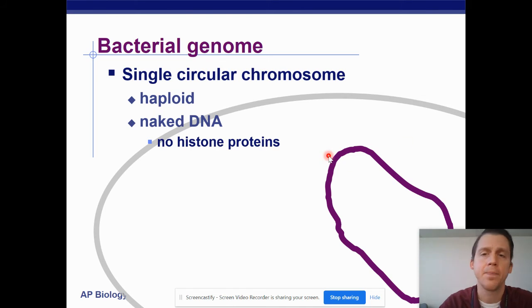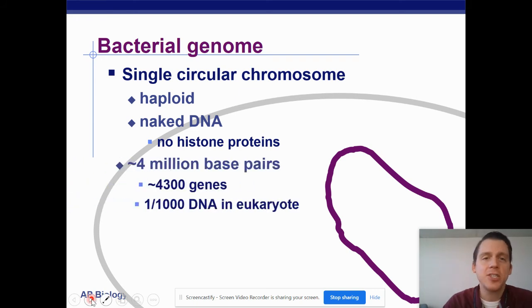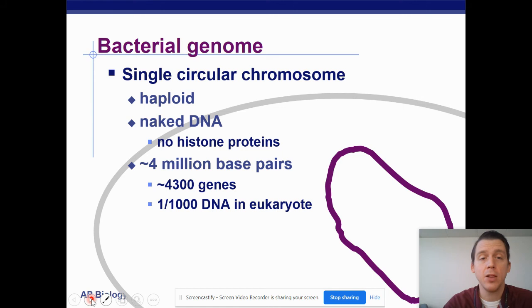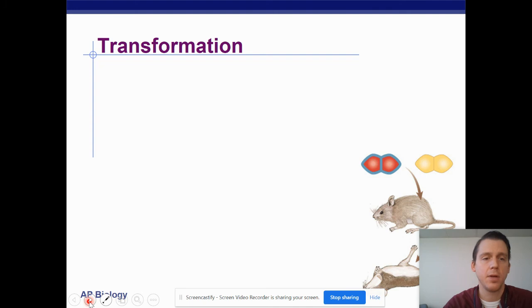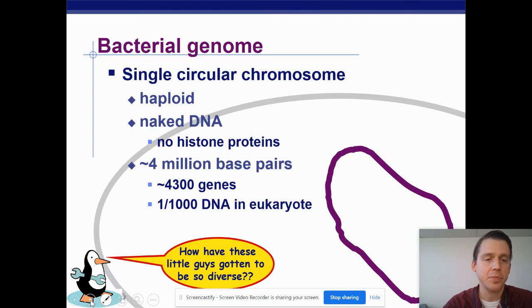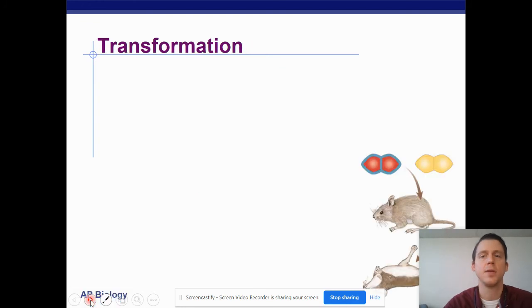There's no making a chromosome versus chromatin. It's just there, free floating. Remember, bacteria don't have a nucleus. In addition to that chromosome, which is pretty long, 4 million base pairs, with maybe a couple thousand genes, we have things called plasmids, which we'll get to in a moment.